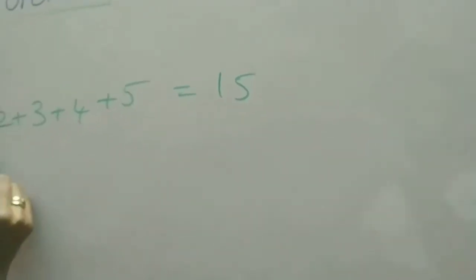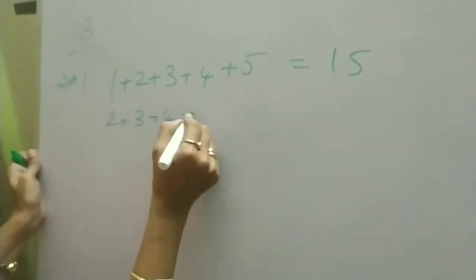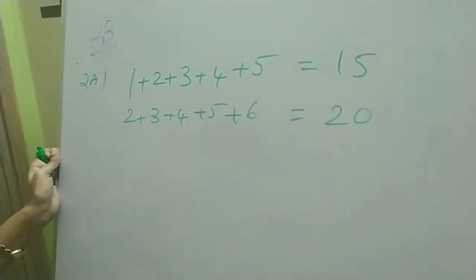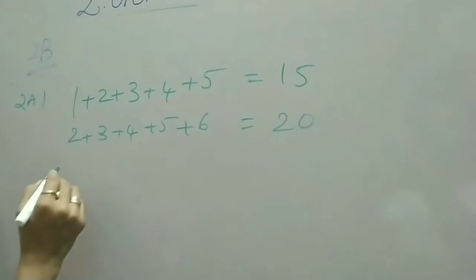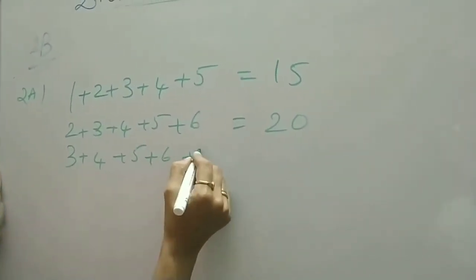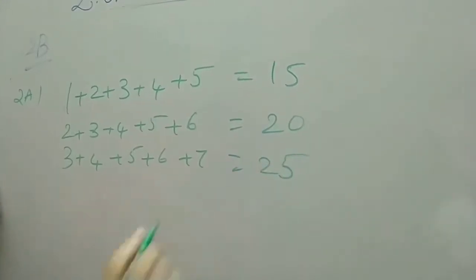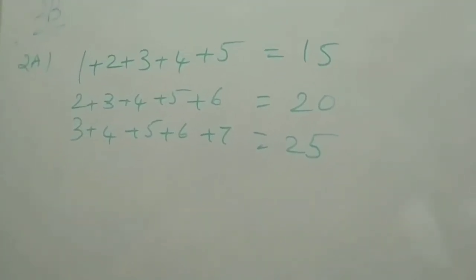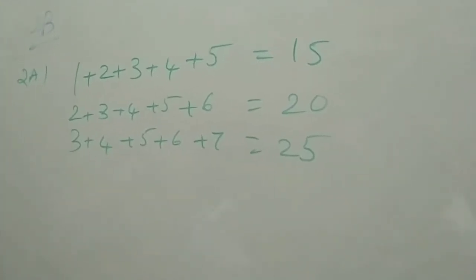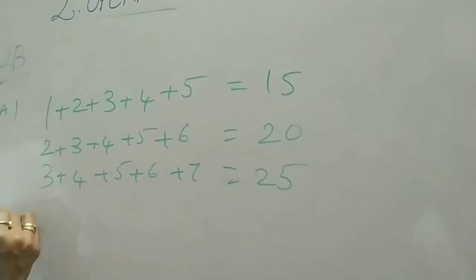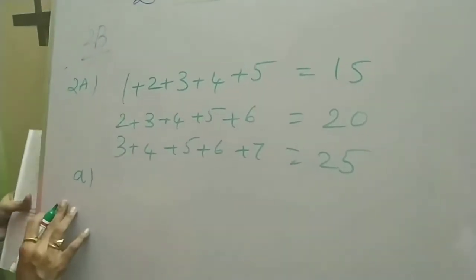Next, 2 plus 3 plus 4 plus 5 plus 6 is equal to 20. Next, 3 plus 4 plus 5 plus 6 plus 7 is equal to 25. The question they have given is, by which number should we multiply the middle number to get the sum?